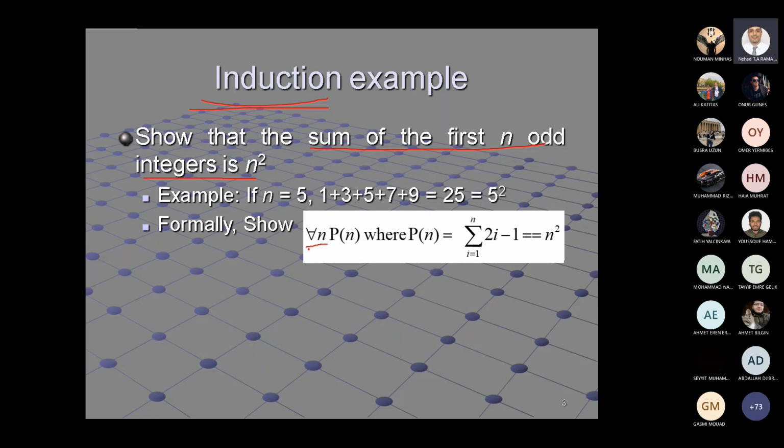For all n, we have the equation P(n), which is the name of the equation, where P(n), as given to you here, equals the summation from i equal 1 to n, and this is the general form for odd, which is 2 multiplied by i minus 1.